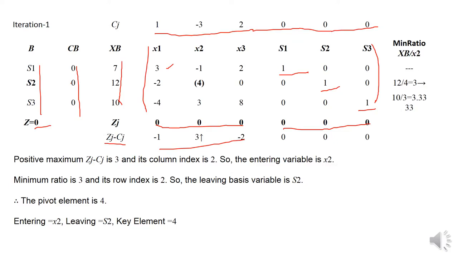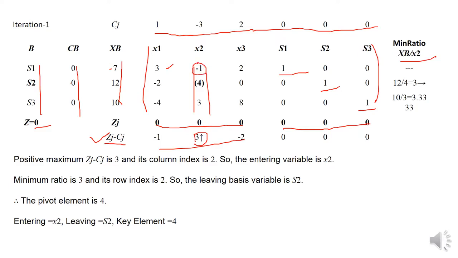So what we do: instead of the most negative value in zj minus cj, we will take the most positive value, and that is 3. This becomes the pivot column, also called the key column. Corresponding to this column, we have to find the minimum ratio. So we divide xv by the corresponding x2 elements, and if the denominator is negative, as in this case here, we will neglect it.